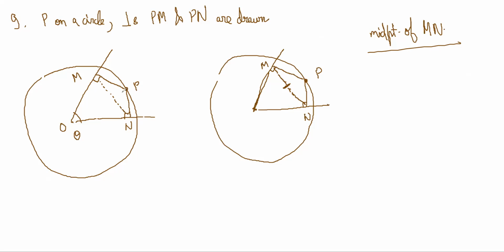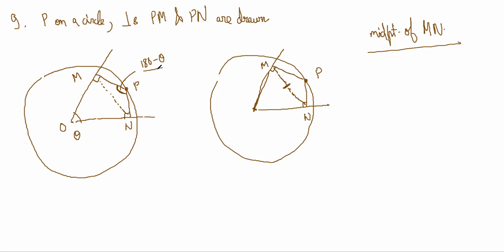If this angle is theta, this angle will be 180 minus theta. This is an angular axis question. So the axes are the lines OM and ON, having angle theta between them, right?